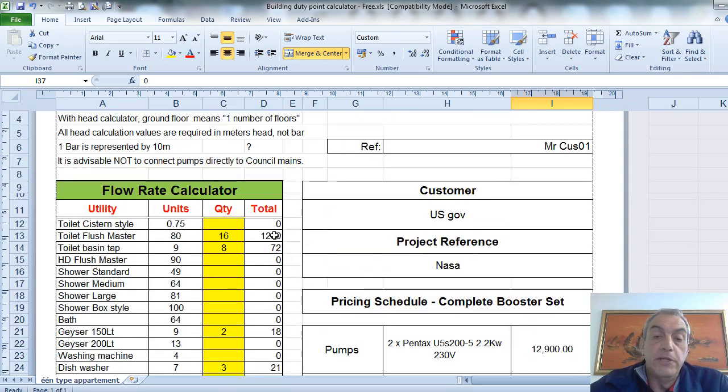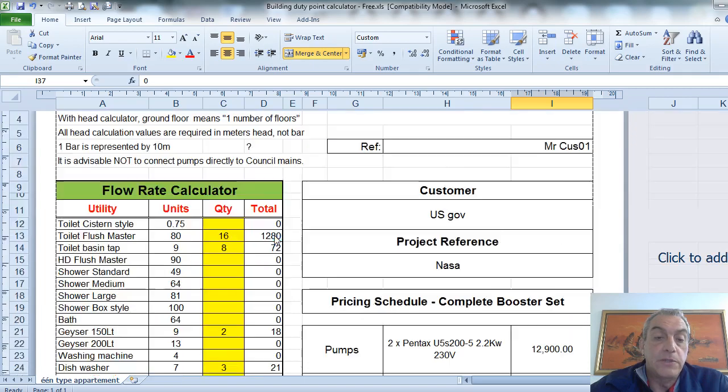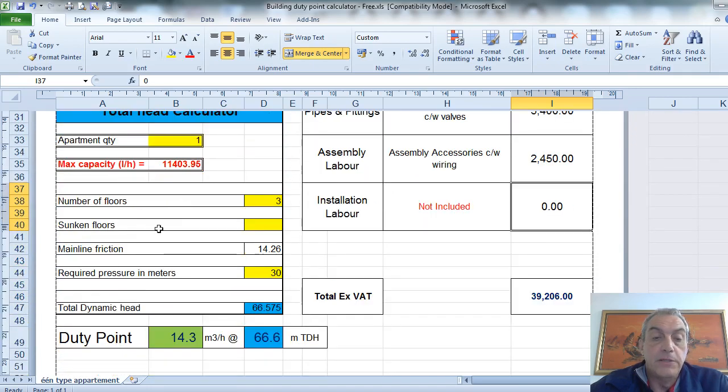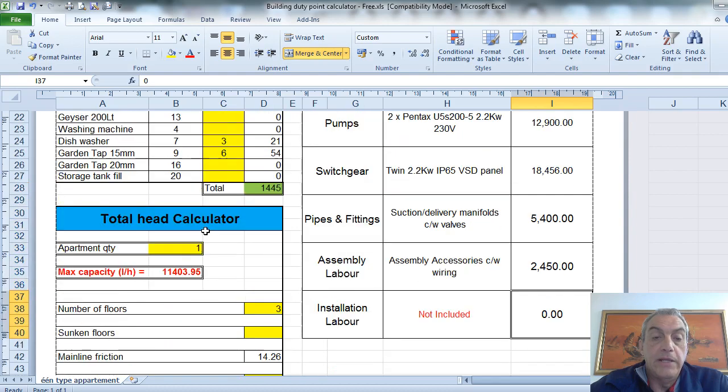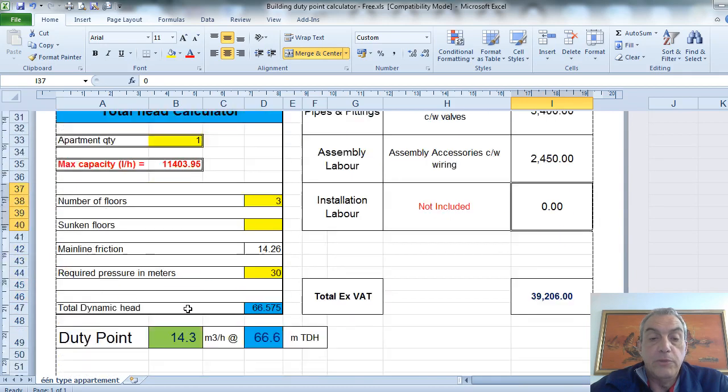But if you're looking to just understand how to do multiple outlet duty point calculations, which is what this document is designed for, this is a very simple tool. And I will add that a certain amount of conservativeness and safety factors and everything have been put into these numbers here to give you a proper answer.